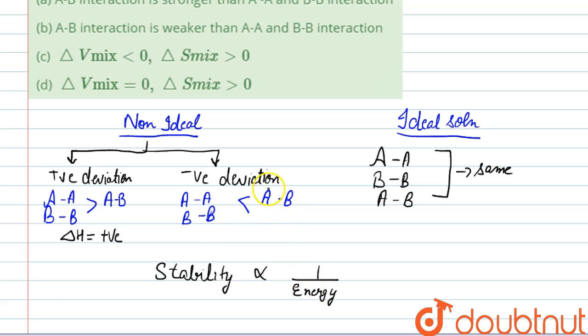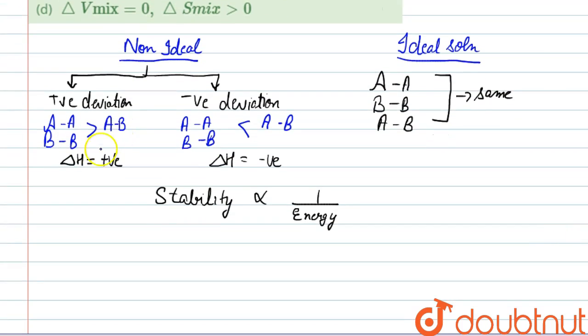Now AB is more stable, so it has a lower value of energy, and initially these are less stable, so they have a higher amount of energy. If we calculate the enthalpy change for this, it will be negative, that is, energy is decreasing. So the value of delta H will be negative for the negative deviation and positive for the positive deviation.